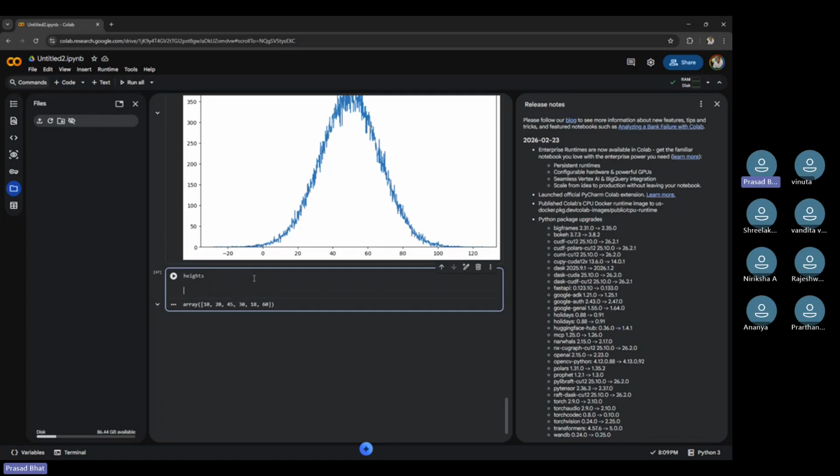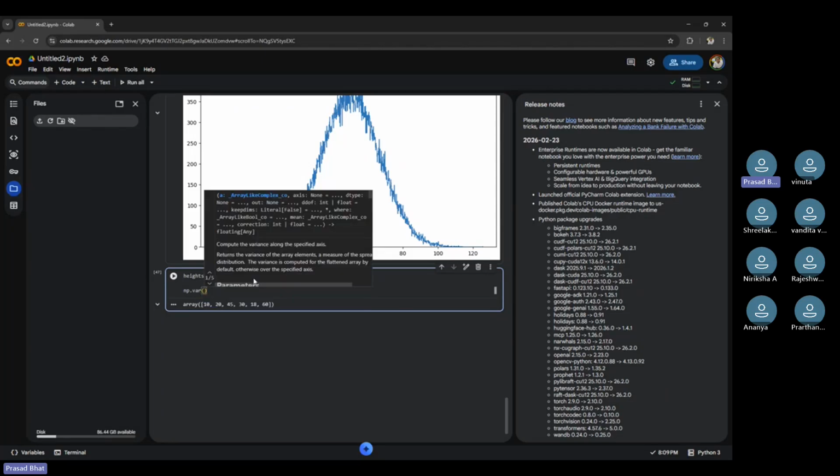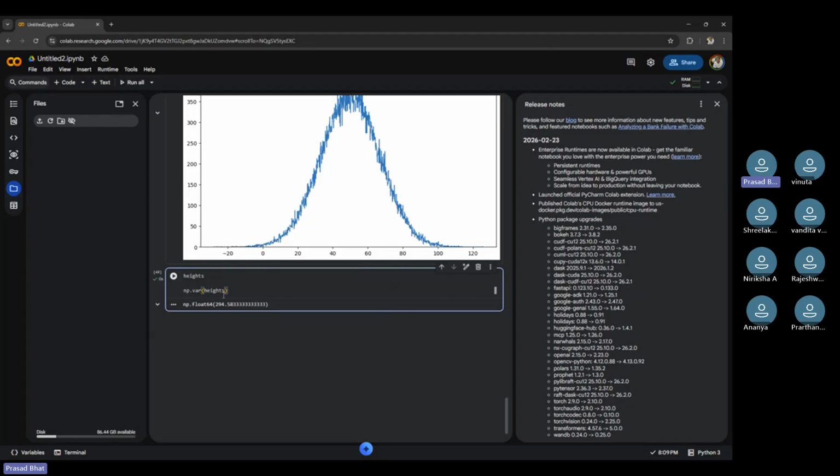Now I want you to observe one thing: np.var, variance. By default, np.var uses population variance. So for heights it is 294.